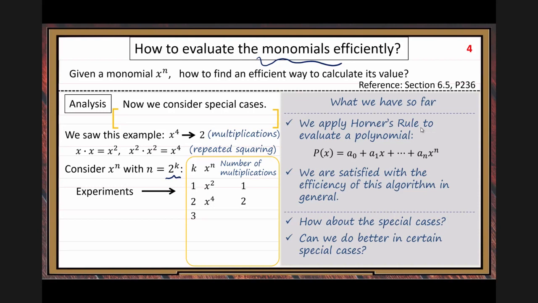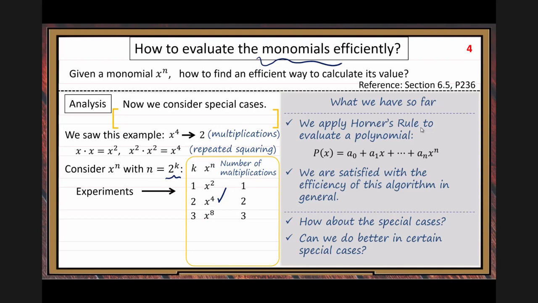Let's do another one. K equals 3, x to the eighth, 2 to the third. We just do another multiplication: after we get x to the fourth, we multiply it by itself to get x to the eighth. 1 more multiplication, so 3, and so on.